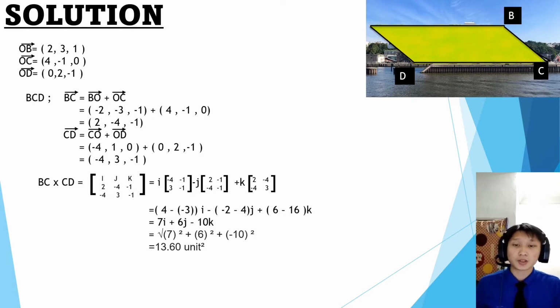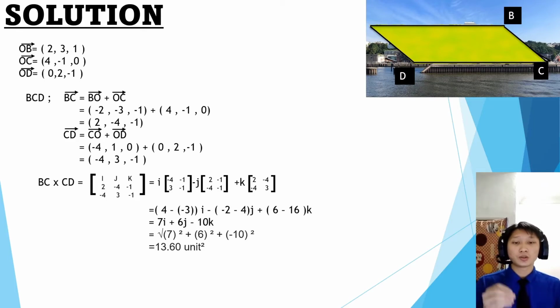Now the second step is to multiply BC and CD. You need to set it up in columns i, j, k with 2, -4, -1 and -4, 3, -1. For i, -4 multiplied by -1 is 4 and -1 multiplied by 3 is -3.